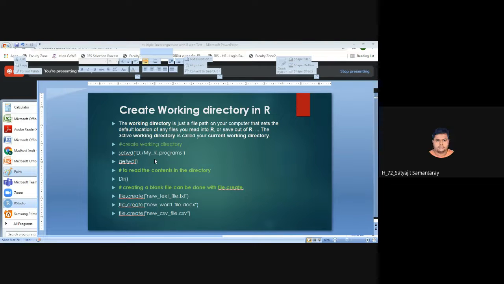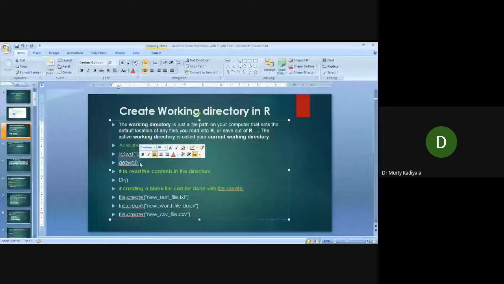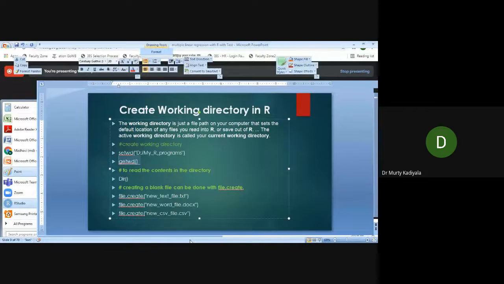Done, sir. Very good. Now you please type this particular command, getwd, where wd means get working directory. Same command. Done, sir.